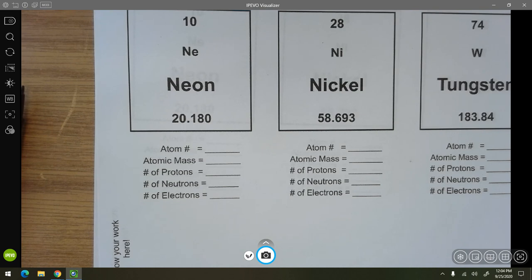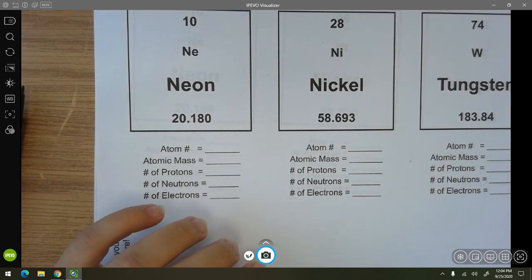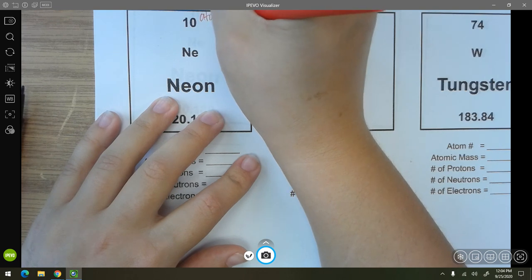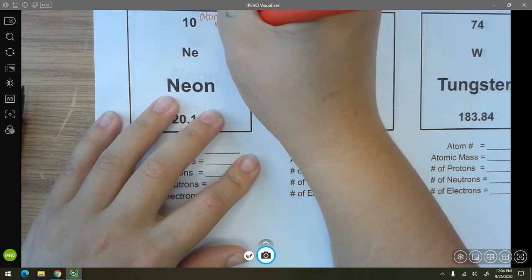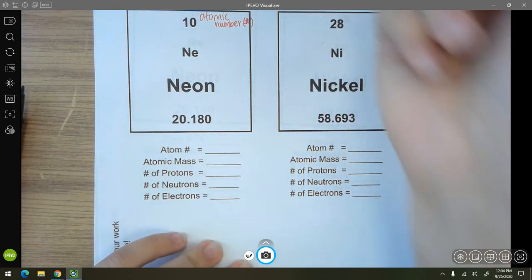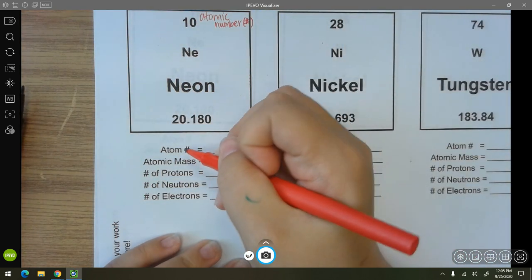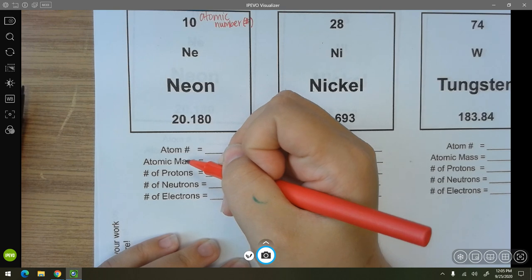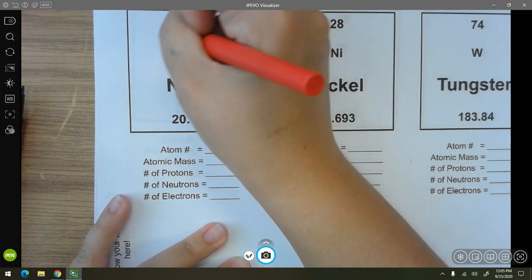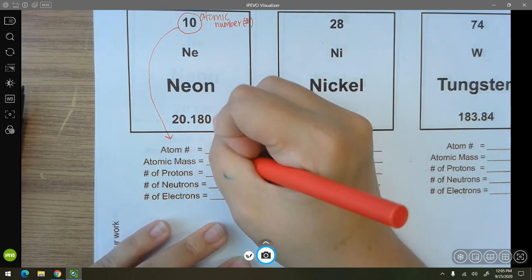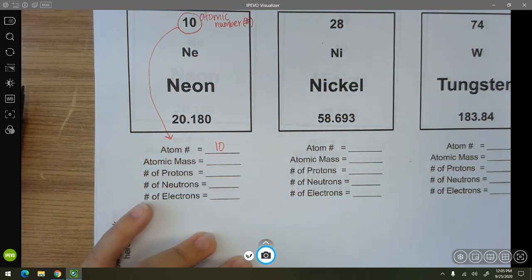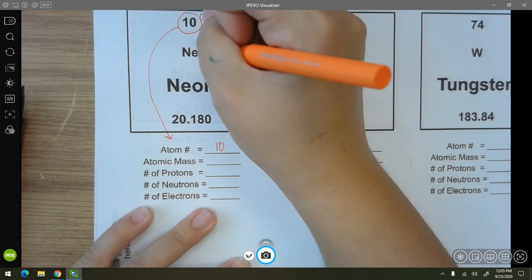All right, so we have our atomic number. And sometimes you'll see it as a little hashtag sign or the number sign, okay? And if I look down here, that's one of the things that I need to know. So I can take this 10 and move it down here to 10, okay? I have my chemical symbol.